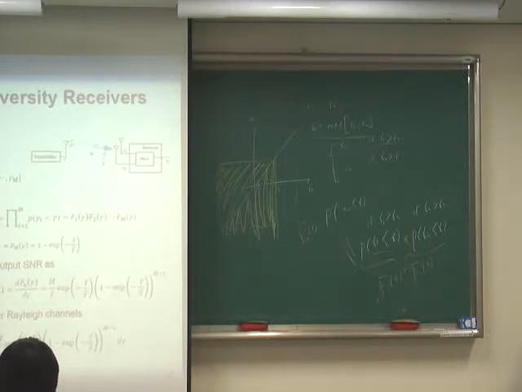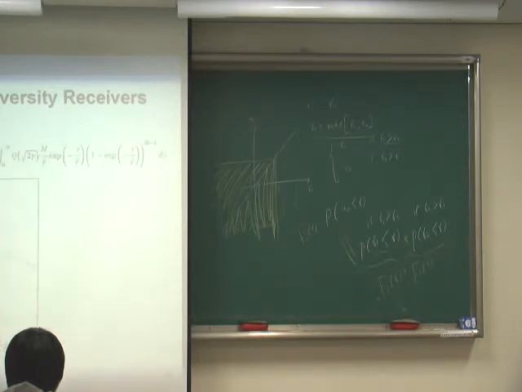And then bring this PDF into here, and use the same technique as this calculation, exactly the same way as we did for the MRC case. Then you get the BER.